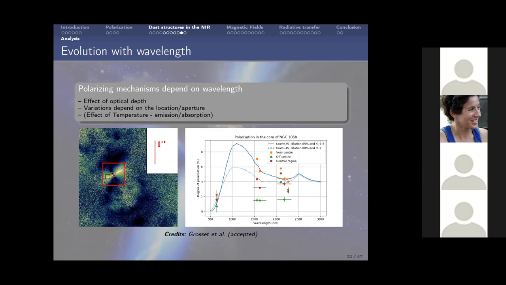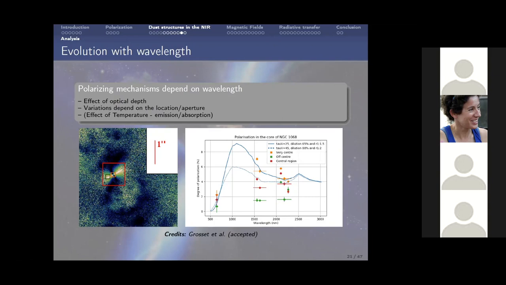So we are avoiding the very bright central source, but we're still within the range of the constant polarization orientation. I haven't shown the polarization angle in the graph, but it's remarkably constant, with some variation depending on the signal to noise ratio.